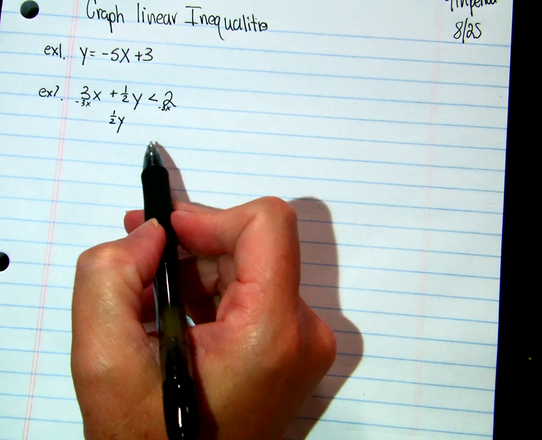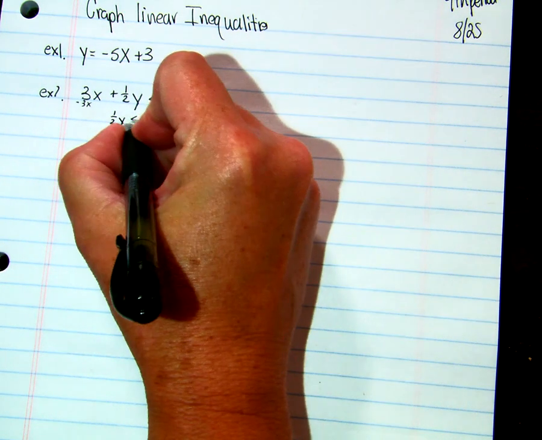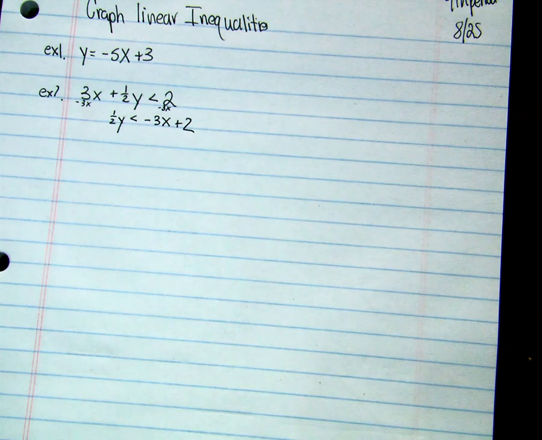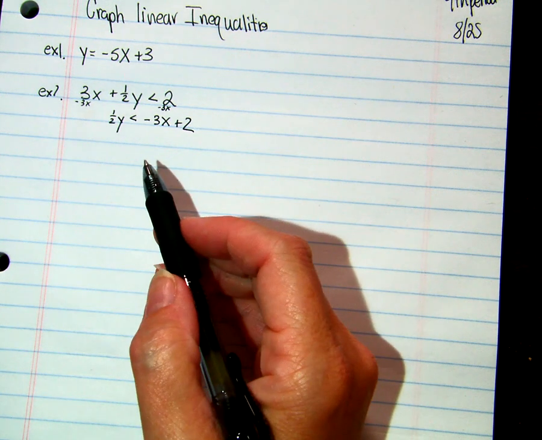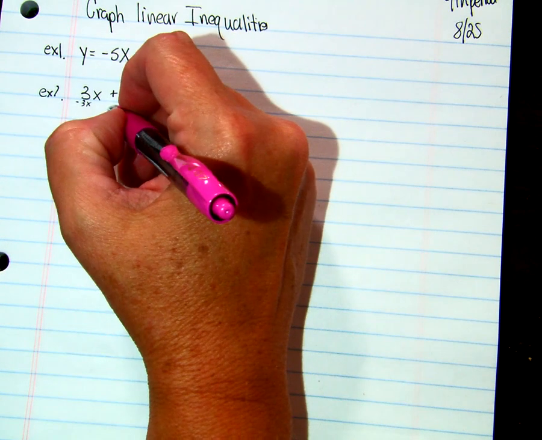Was that an occasion to flip the sign when I just subtracted 3x? No. And I'm going to put that minus 3x in front of the positive 2, aren't I? So it's in slope-intercept form. Then what do I do about this 1/2? Yes, times the reciprocal, or in other words, times 2 will get rid of it, won't it?